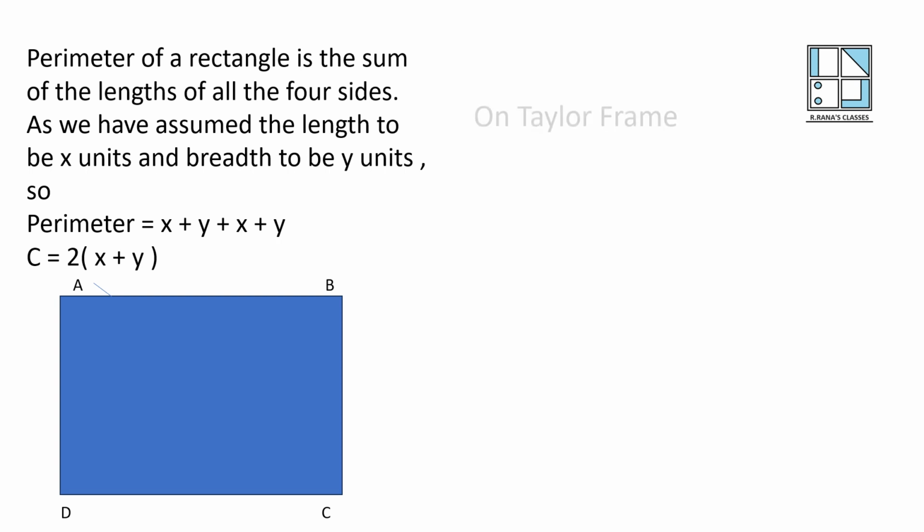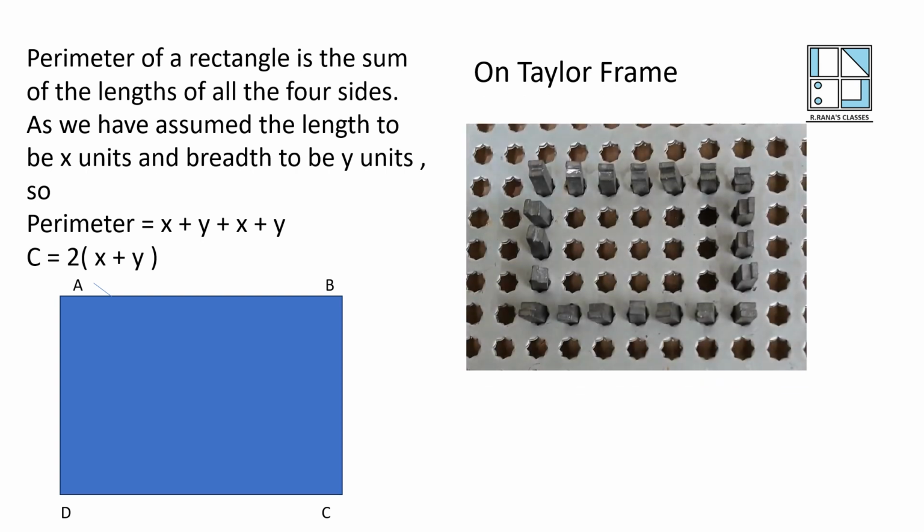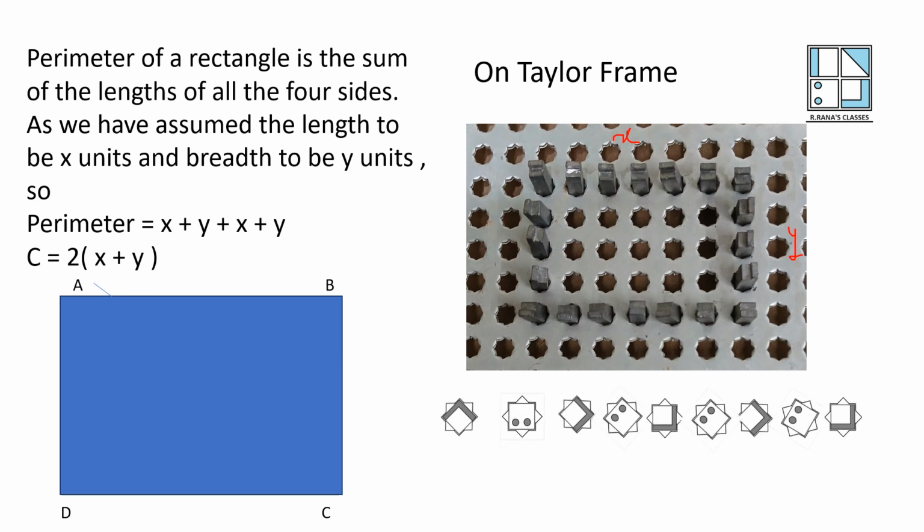On Taylor frame, we are representing a rectangle, and we can see that this particular part is x units and this particular part is y units. Therefore, length is x and y is breadth, and if you count, you will get perimeter.